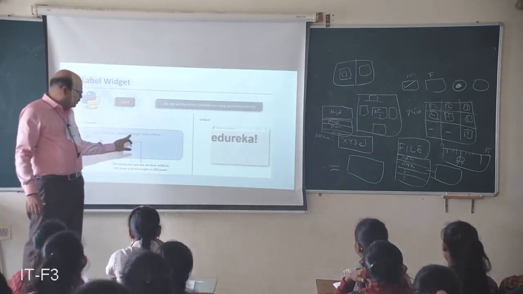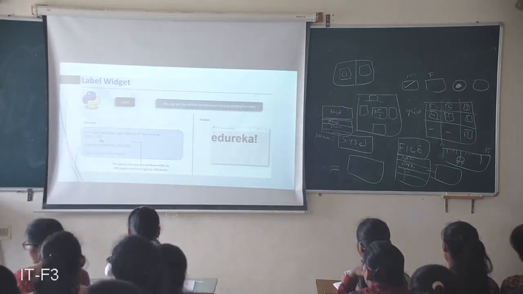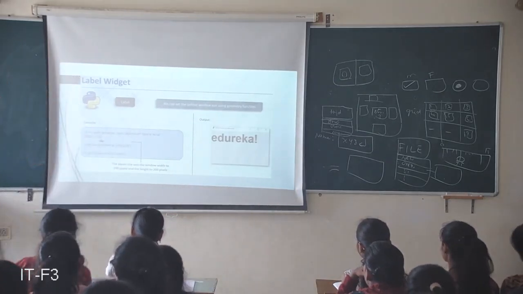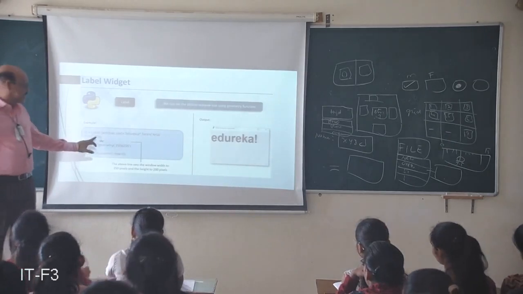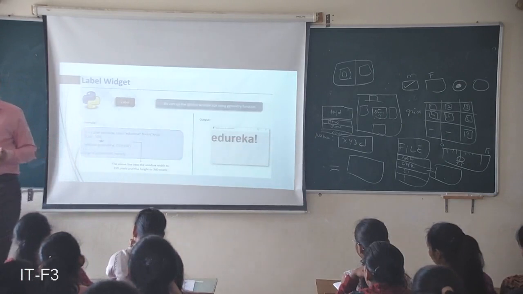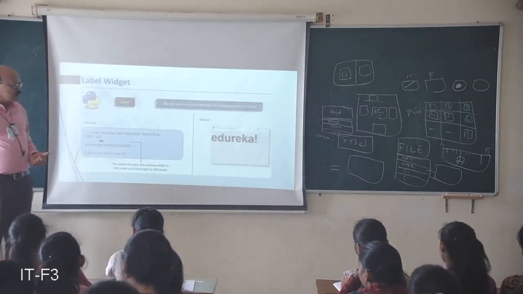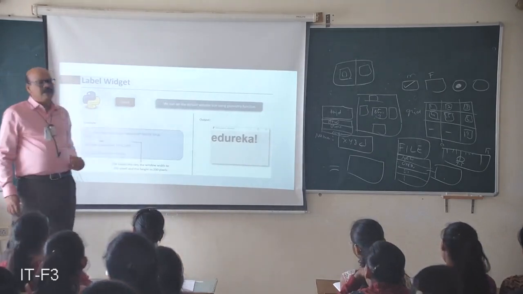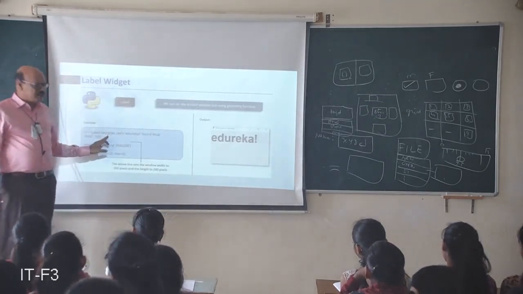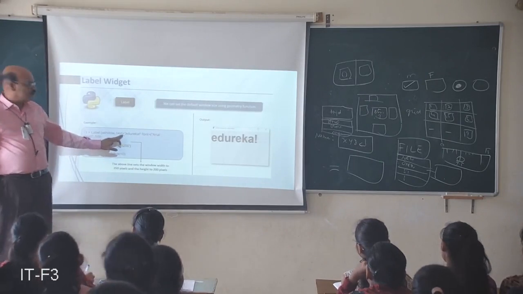Now you want to display this label using your own font and your own size, this 50 font size. If you want to fix your own font and your own size, these are the parameters. First, in which window you want to display the label. Now what is the text that you want to display?